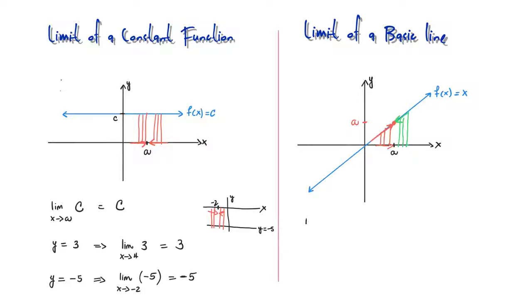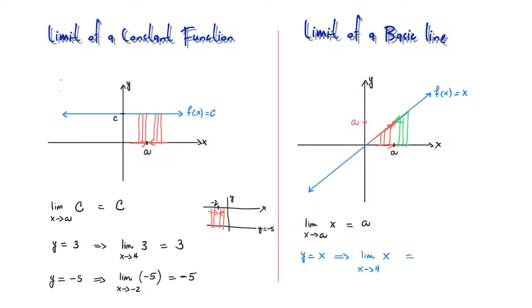So then, the limit as x approaches a of the function f of x, here f of x is equal to x, is going to be equal to a. So if, let's say, again, I'm dealing with the function y equals x, and they ask, what is the limit as x approaches 4 of x?